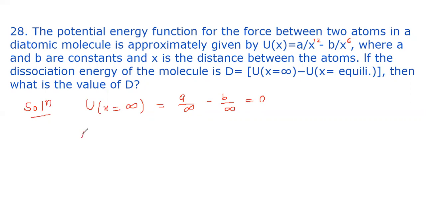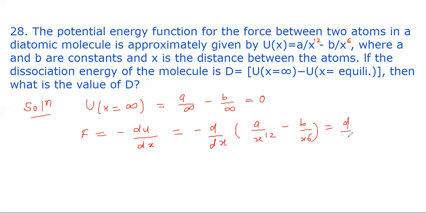So force F equal to minus dU upon dx. So minus d upon dx of A upon x power 12 minus B upon x power 6, which is equal to d upon dx of B divided by x power 6 minus A divided by x power 12.